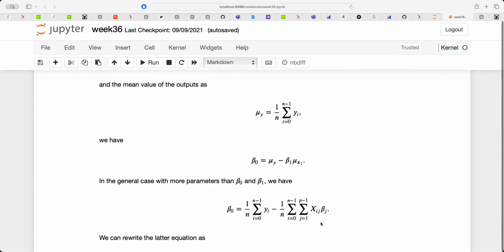Because if you have just ones and divide by the number of observations, that gives you simply n over n, which is 1. So if you subtract this mean value, which is pretty common when you're scaling your data, then the intercept column would just have zeros. And that would lead to problems in your matrix inversion.